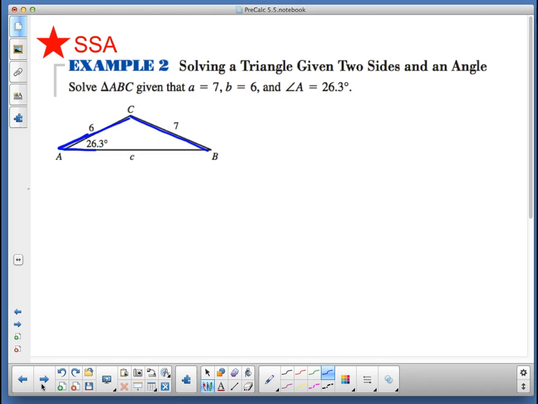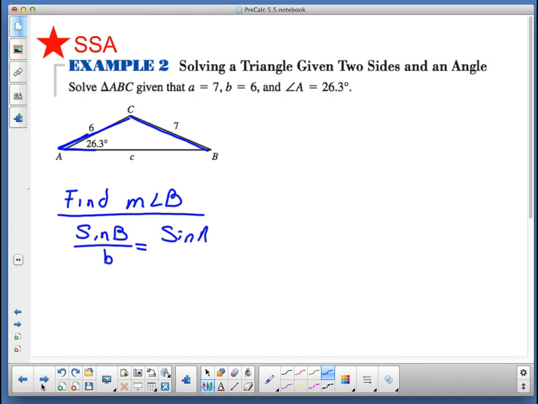Okay, the first one I'm going to do is angle B. So if I'm going to find angle B, I'm going to say measure of angle B here. Okay, so in order to do that, I'm going to have my sine of B on top, my side B, which I know is 6, and I've got sine of A, and I like using the values that are already provided to me.